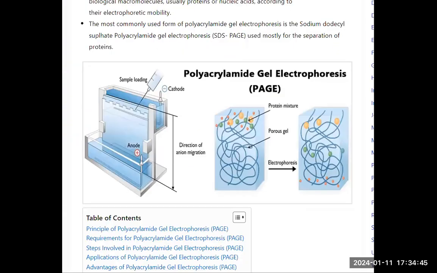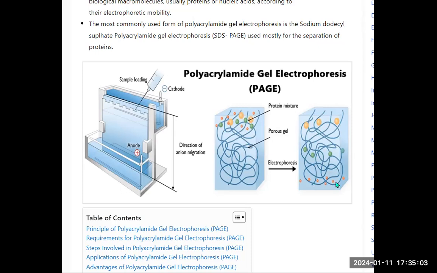So these globular things here, for example, our DNA or RNA or protein mixture, if they are huge, they tend to settle near the cathodal end, the topmost part.